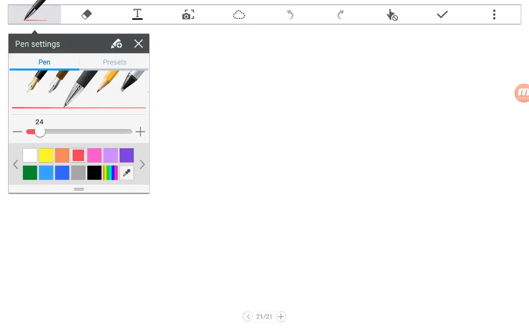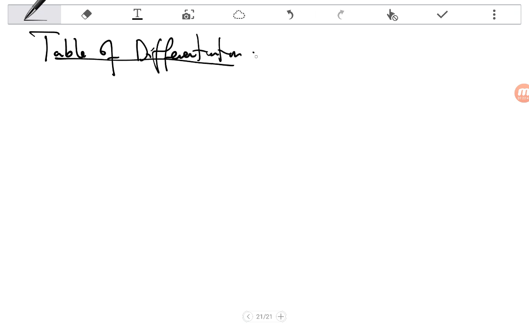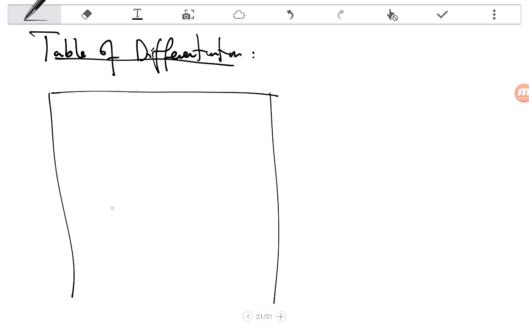Now, how would I calculate this? They have taken all the effort for us and made a table of differentiation. There are some rules; maybe you have learned them before.